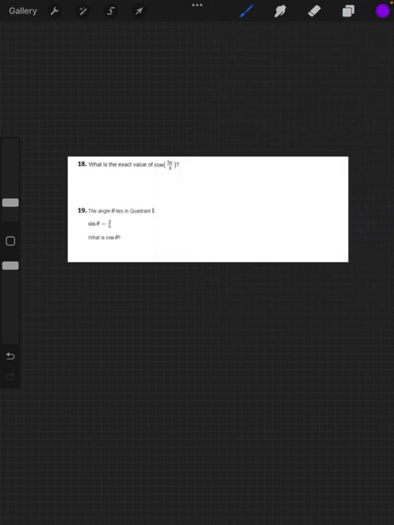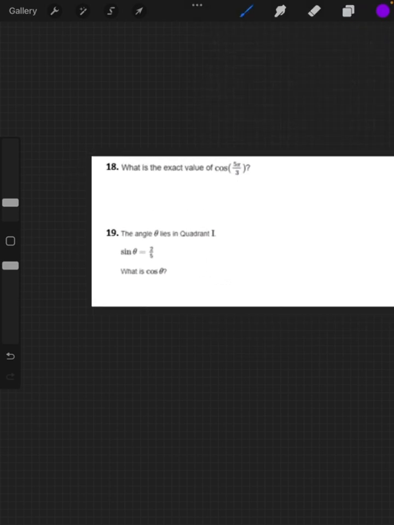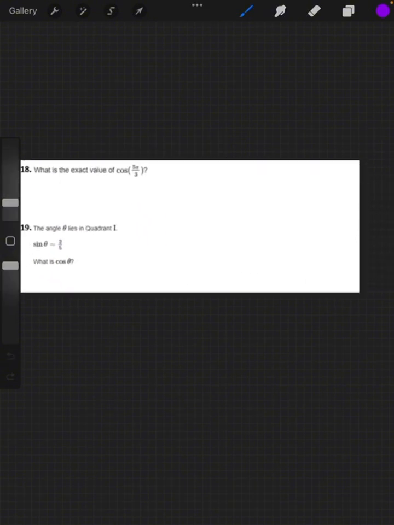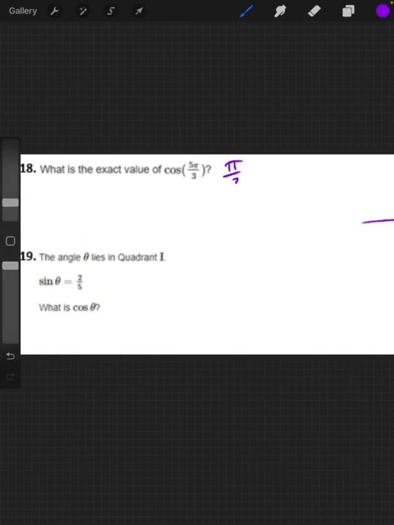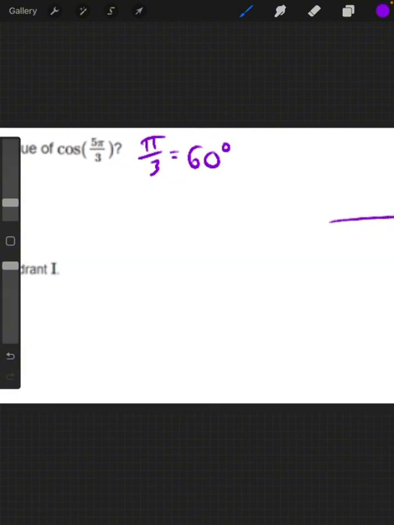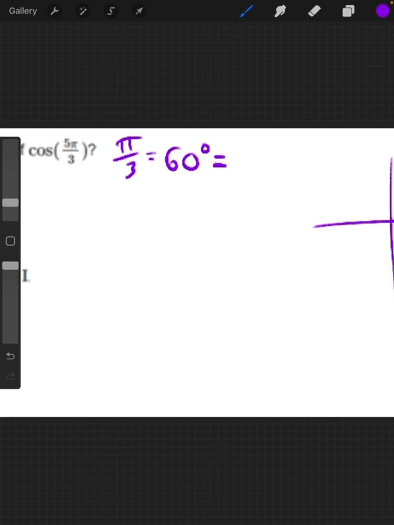Okay, we're on the last two problems. What is the exact value of cosine 5 pi over 3? So let's just do a little graphing over here. Pi thirds is equal to 60 degrees, and so if we multiply that by 5, we would get 120.